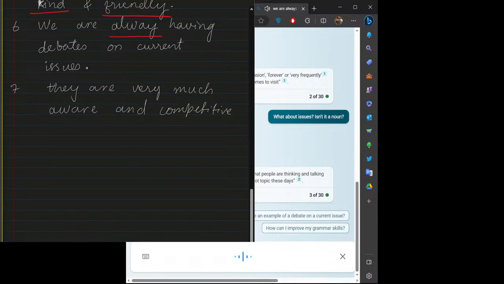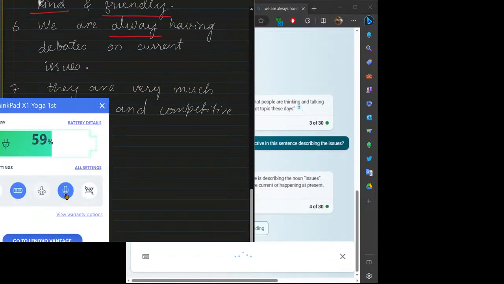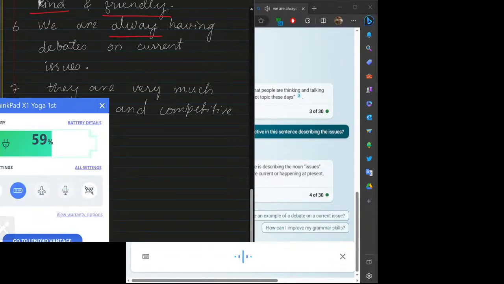It means a subject or problem that people are thinking and talking about. For example, the issue of climate change is a hot topic these days. Isn't the adjective in this sentence describing the issues? Yes, you are correct. The adjective current in the sentence is describing the noun issues. So, the sentence is talking about debates on issues that are current or happening at present. Is there anything else you would like to know?